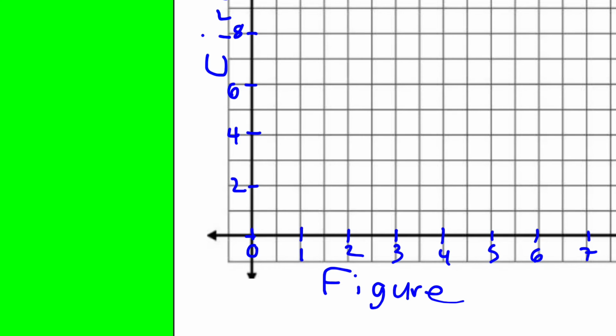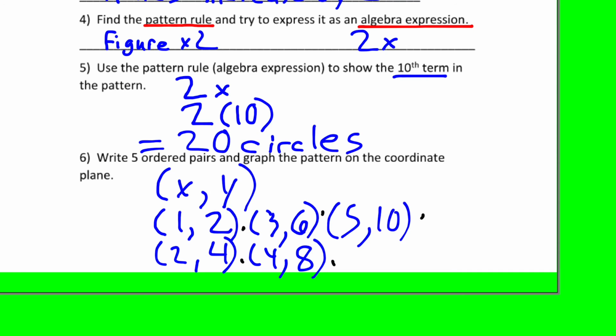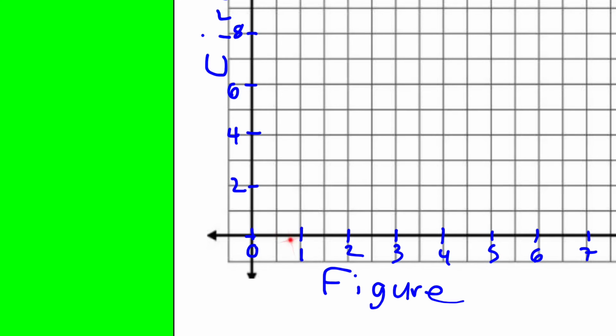Now I'm going to label my points. I always plot the x first and the y second. So my first ordered pair is 1, 2. 1 on the x, 2 on the y. So I'm going to go across 1, up 2. Right there, I'll put a point where they cross. Call it 1, 2. Next, I'll do 2, 4. Where they cross, I'll put a point. I'll call it 2, 4.